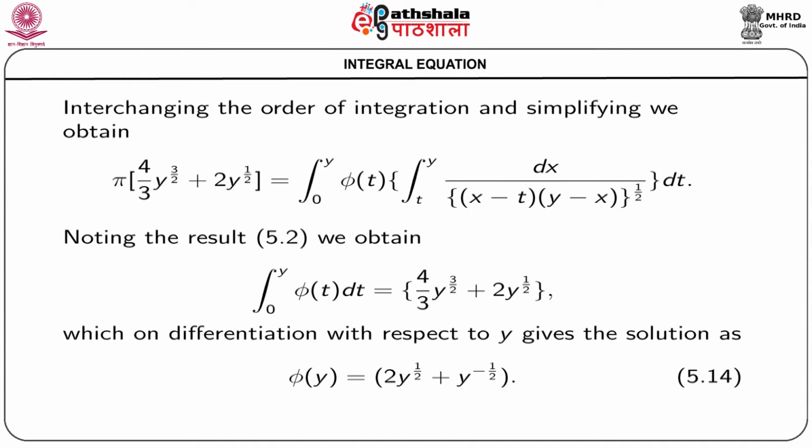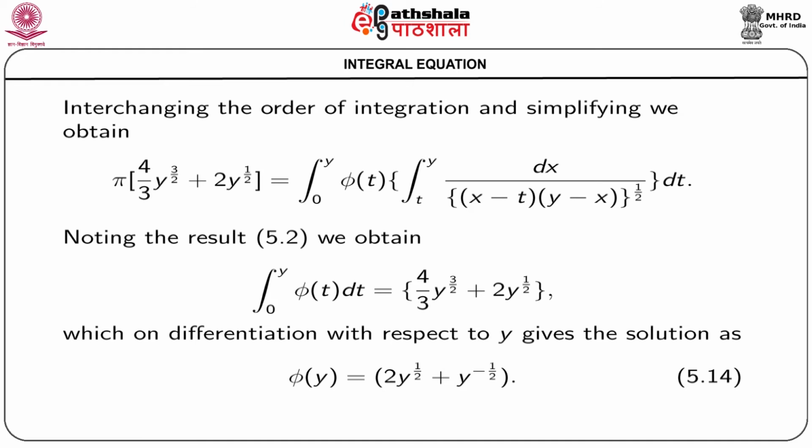As before, we interchange the order of integration to obtain pi into 4/3 y to the power 3/2 plus 2 root y equal to the expression on the right hand side.